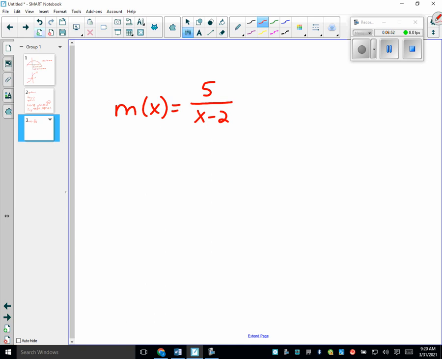N of x is 2x plus 5 over x. This one's going to be a little bit more difficult, isn't it?